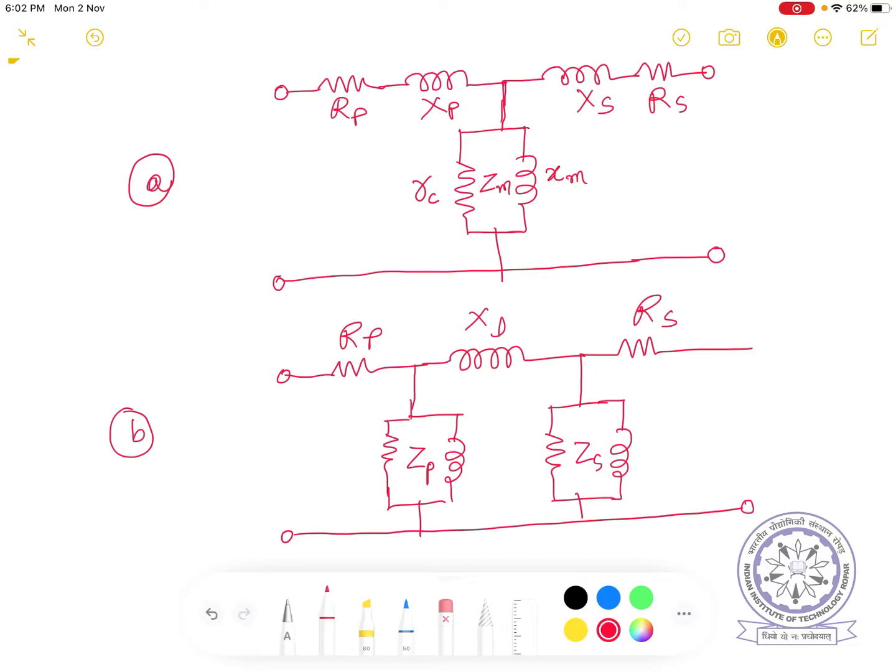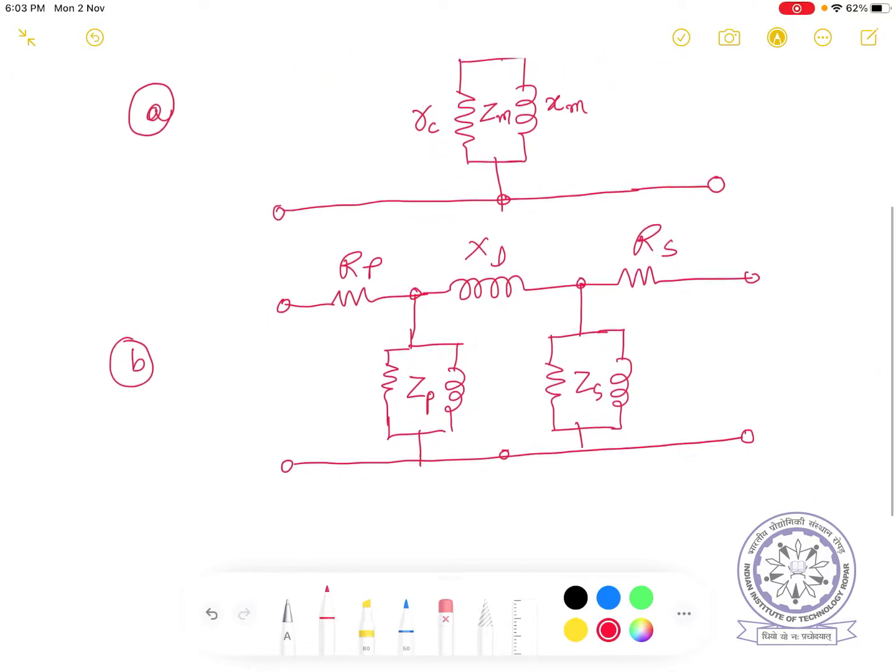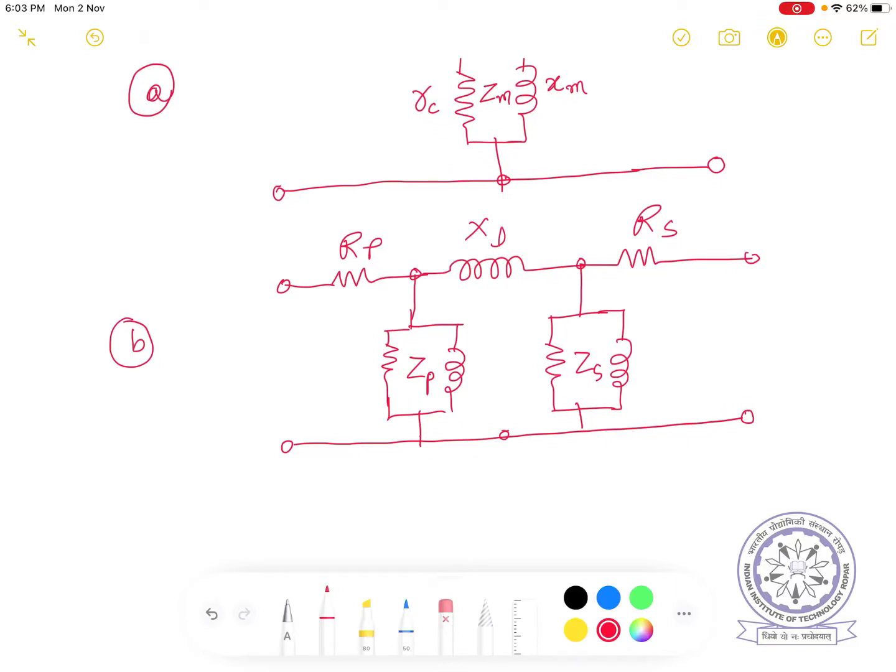Like this. A and B are mathematically equivalent. Star delta transformation you can do easily. Between these three nodes, if you do a star delta transformation, you will get the equivalent of both; one is equivalent to the other. So both A and B are mathematically equivalent to each other and equally valid for a transformer equivalent circuit.